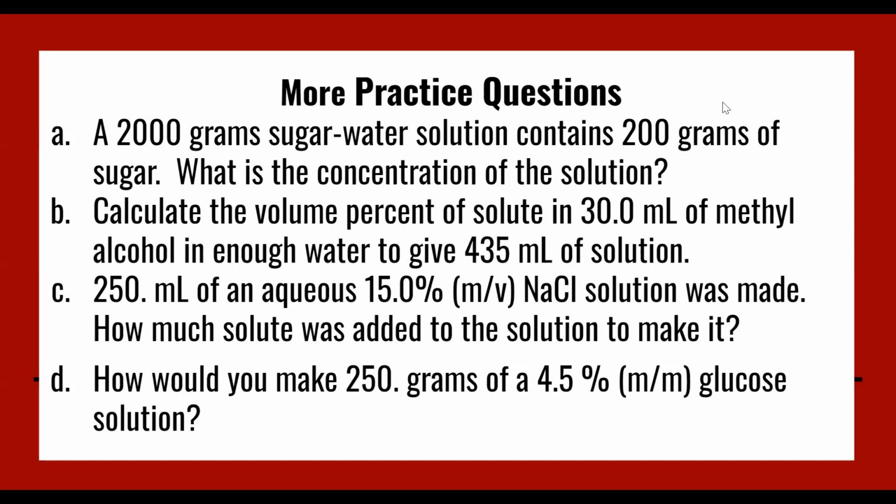C: 250 ml of an aqueous 15.0% sodium chloride solution was made. How much solute was added to the solution to make it? D: how would you make 250 grams of a 4.5% mass over mass glucose solution? Make sure you show all your work and show your formula. Don't just plug in the numbers. The units must be there.